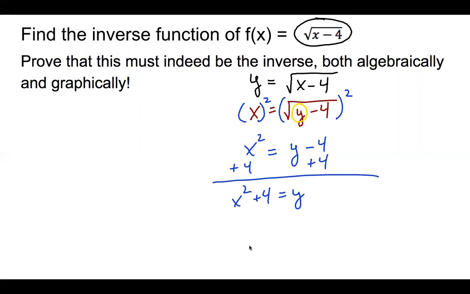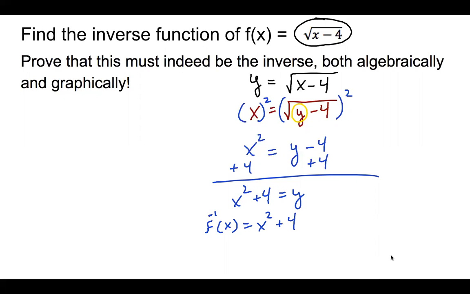So what we have found here is the inverse of f of x. So the way that you write that is as follows. You write f with this -1 exponent looking thing. That is the nomenclature for an inverse. So this is f inverse of x. It's the inverse function of f of x, and it is equal to x squared plus 4. Okay?